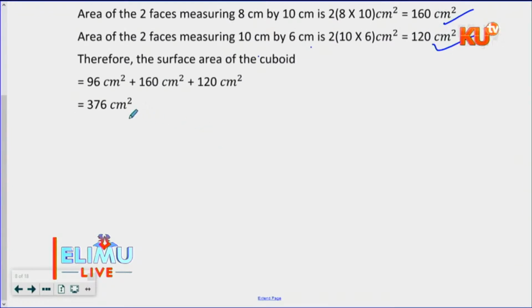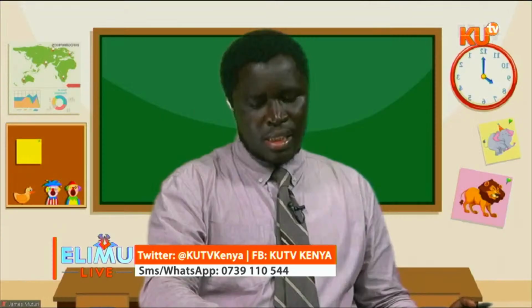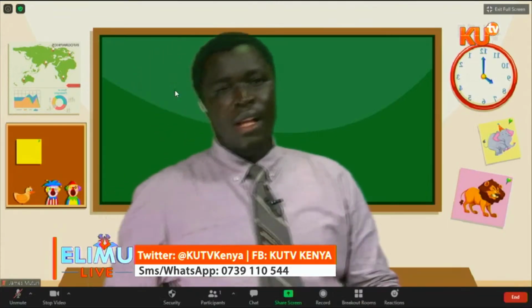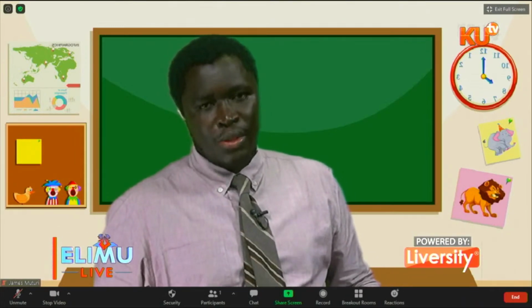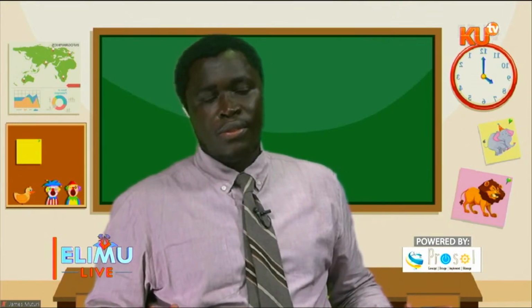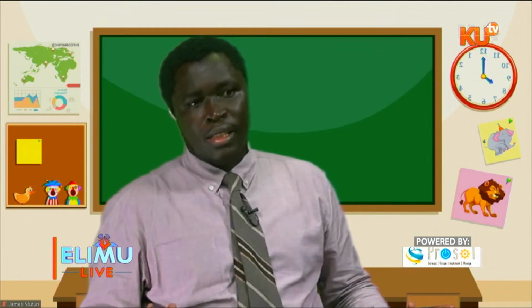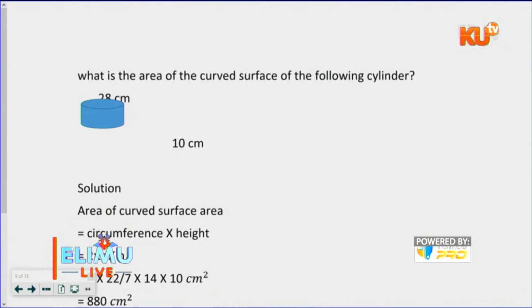So when we put the 6 faces together, we'll arrive at 376 as our surface area. That's about a closed cuboid. When it is open, you know which face is not there.